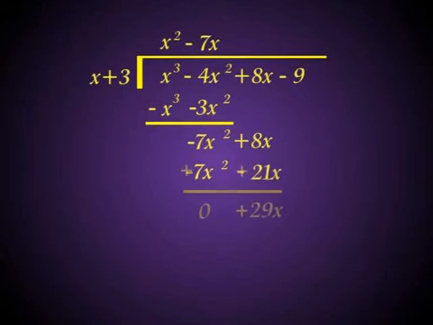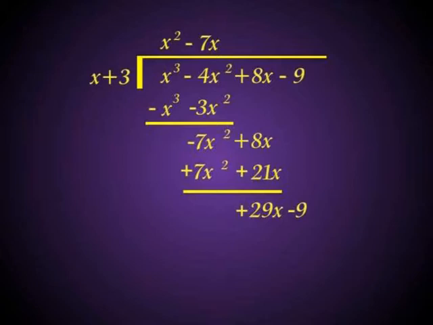Change the signs. -7x² plus 7x² is equal to 0. Positive 8x plus 21x is going to give us 29x. Bring down the -9.